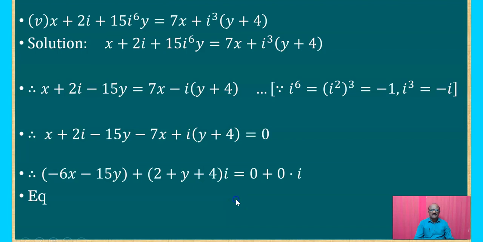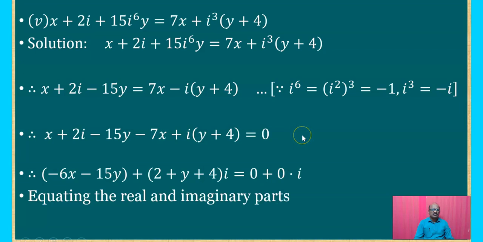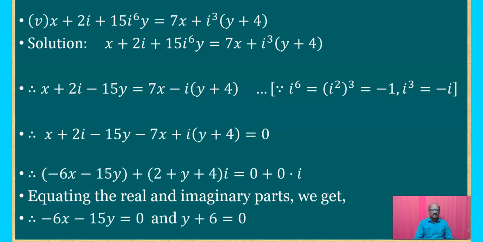Equate the real and imaginary part. Minus 6x minus 15y is equal to 0. Okay. Next is 2 plus y plus 4, that is 2 plus 4 is 6. y plus 6 is equal to 0. Therefore, y is equal to minus 6.